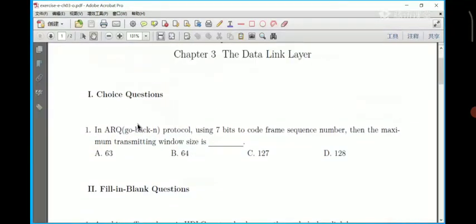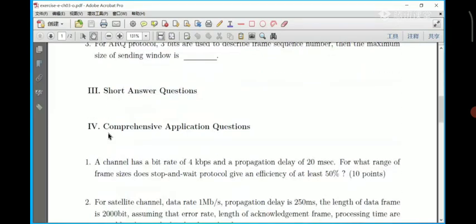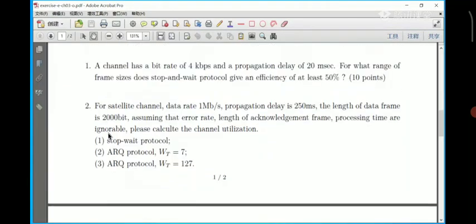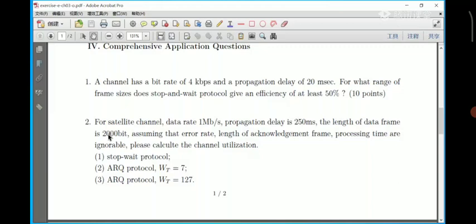Chapter 3, we have illustrated the questions through the review PPT.